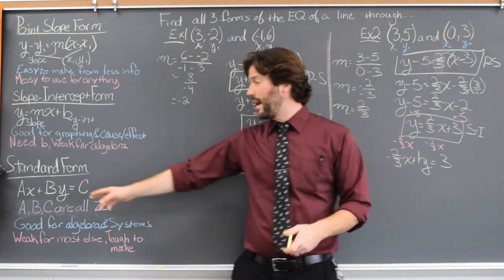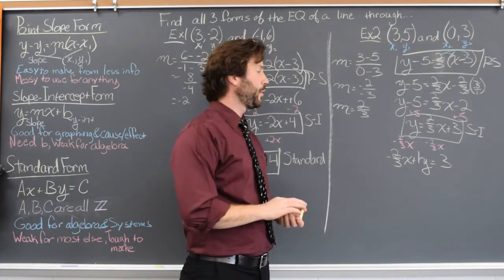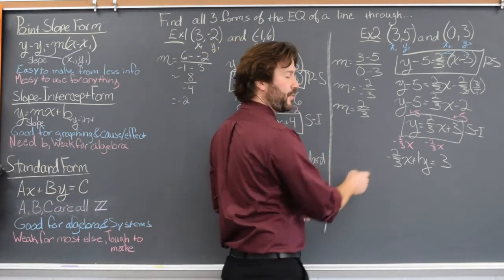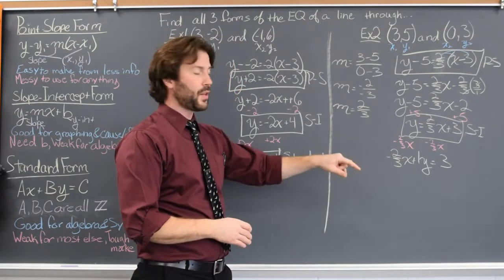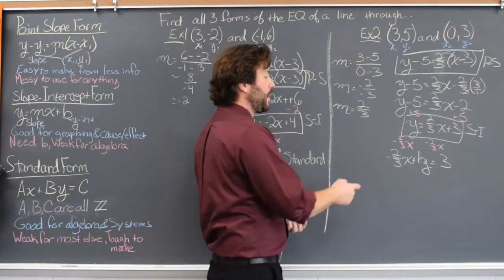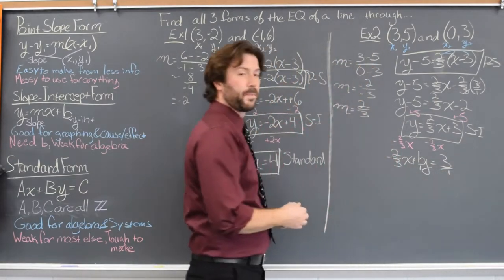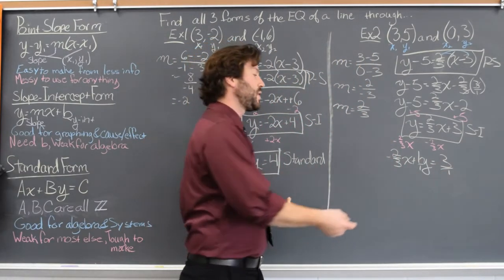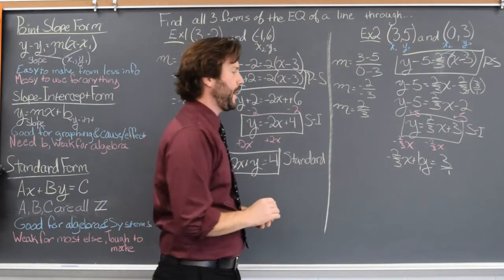Now, I've got x and y together, but the catch is a, b, and c must all be integers. So I'm going to show you a little trick that we can use here to get rid of this fraction. The first thing that I'm going to do is rewrite all of these terms with a common denominator. So I have 1 over 1y and 3 over 1. But I want them to all have the same denominator as this guy. So I'm going to put them all over 3.